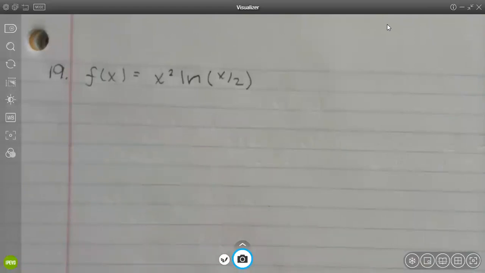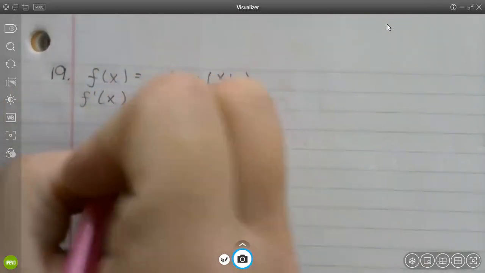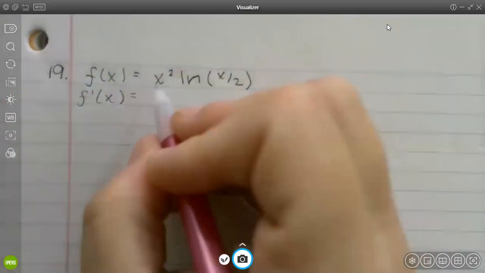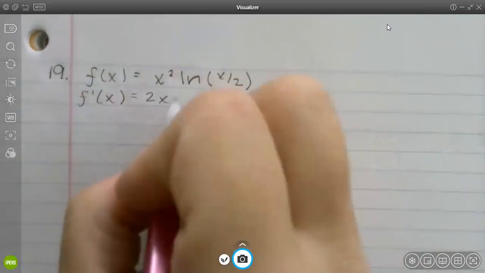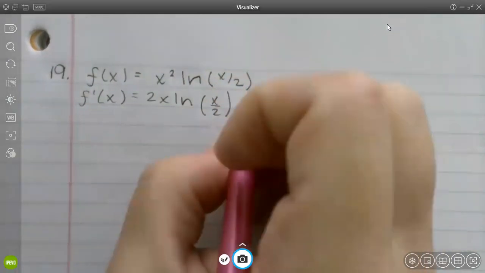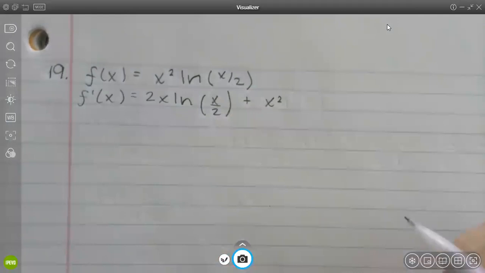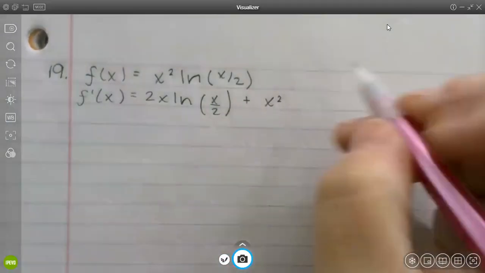Okay, so when we do this, for your first derivative you're going to use the product rule. The derivative of x squared is 2x, and then you have ln of x over 2, plus, you keep the first and take the derivative of the other one.